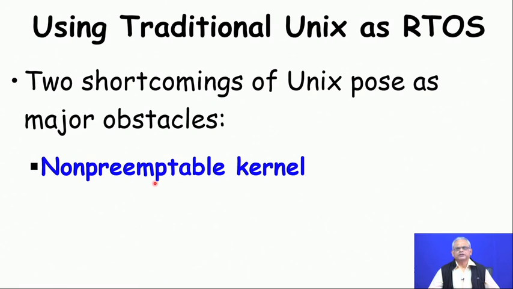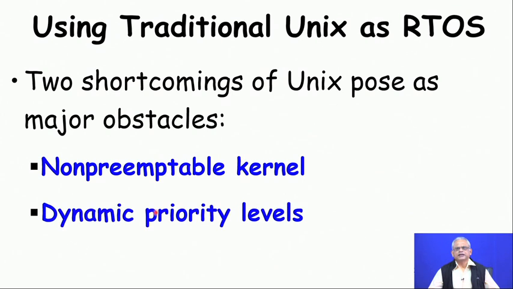When the Unix operating system is running the operating system code, interrupts are disabled. And the second point is dynamic priority levels. Even if the programmer assigns a priority to a task, the operating system keeps on shifting it at the end of every time slice.